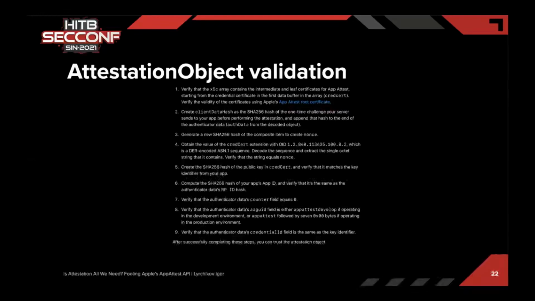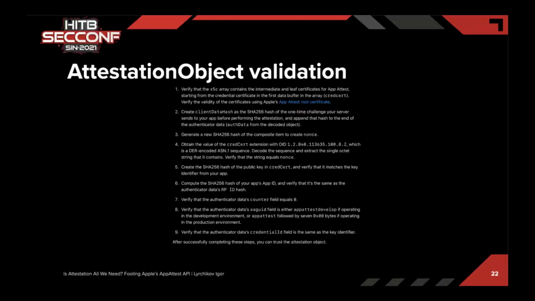Then you parse this AppAttest root certificate and obtain the value of the credCert extension. After that, you create a hash of the public key stored in this credCert and verify that it matches the key ID from your application generated during step 1.